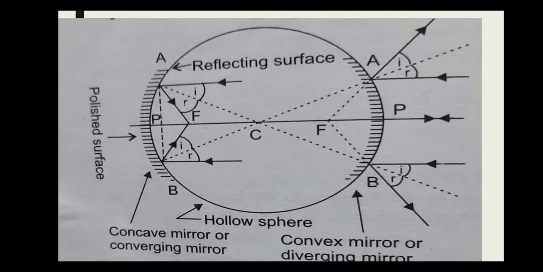See here the diagram: principal axis, center of curvature, radius of curvature, focal length, all those things.